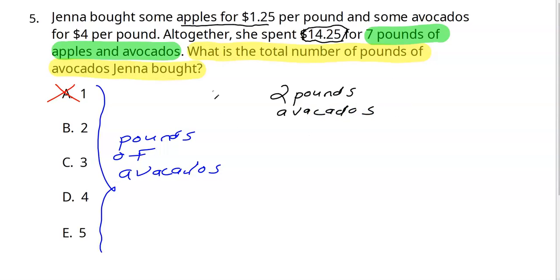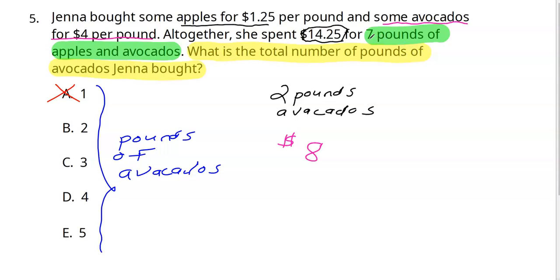So if I bought 2 pounds of avocados, how much would that cost me? It says avocados are $4 per pound, right? So 1 pound is $4, so 2 pounds would have to be $8. If I bought 2 pounds of avocados, how many pounds of apples did I buy?